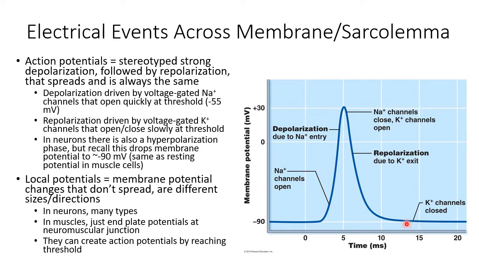At that point, you're back at negative 90 millivolts. In neurons, the hyperpolarization phase goes down to negative 90 millivolts, but in muscles, since that's your resting membrane potential, when you go down to negative 90, that's not hyperpolarization, it's just repolarization.